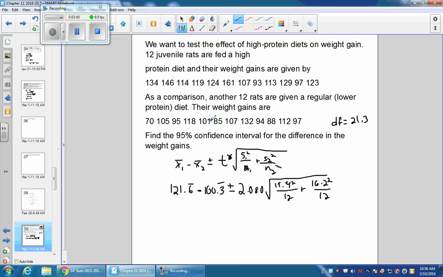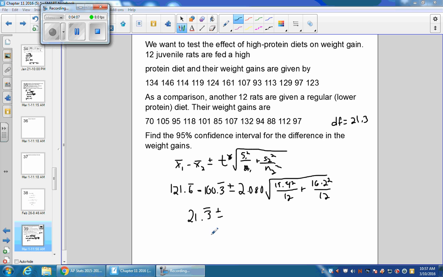So our value, we subtract 121.6 minus 100.3, and we get 21.3 repeating is our point estimate. And then we find the standard deviation here, or standard error, by multiplying all this together.